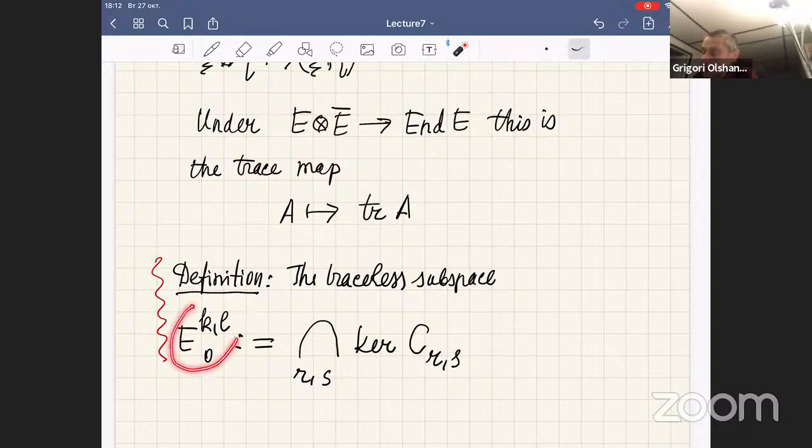Given a space of mixed tensors, we define its subspace as the intersection of kernels of all possible contractions, where R ranges over the white nodes and S ranges over all black nodes.